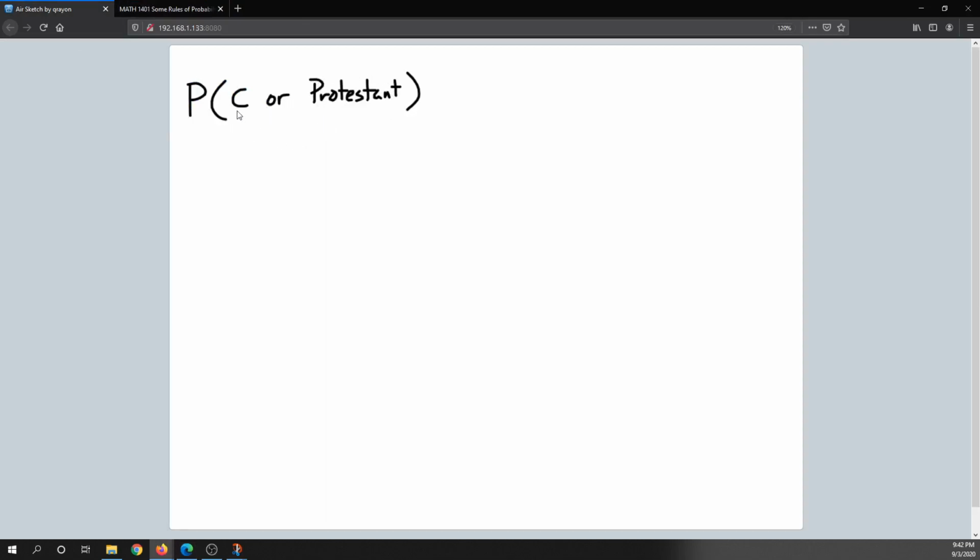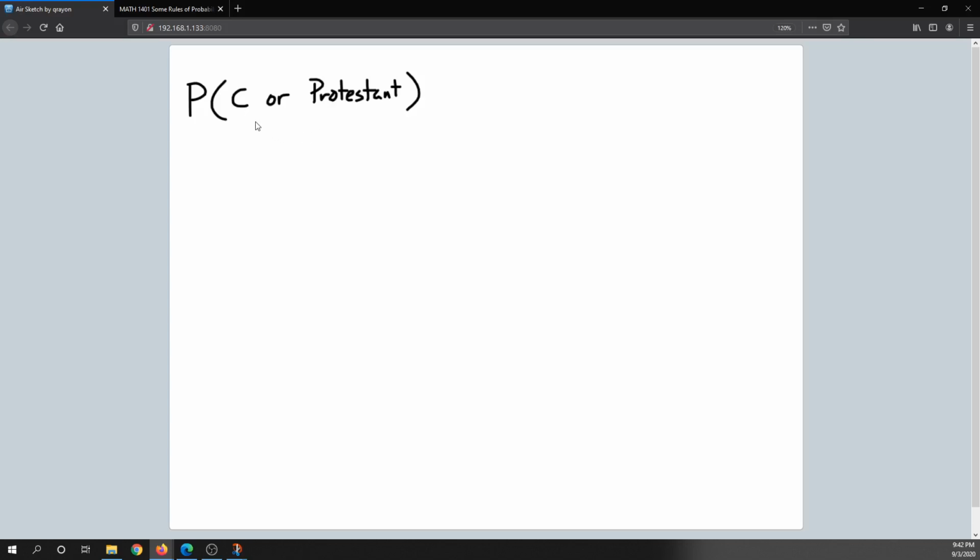All right, so we want to calculate the OR of these two events. And so what we have to do is ask ourselves, are these two events mutually exclusive or not? That's always going to be the question, and the answer to that question is going to tell us whether or not we can use the special addition rule, which is a little bit easier, or if we have to use the general addition rule.